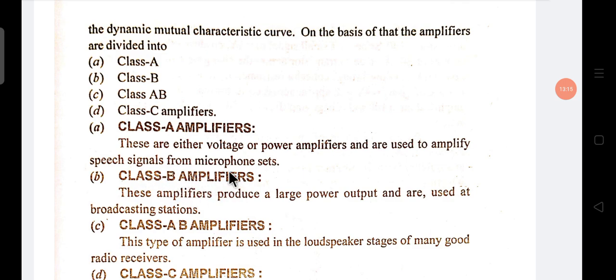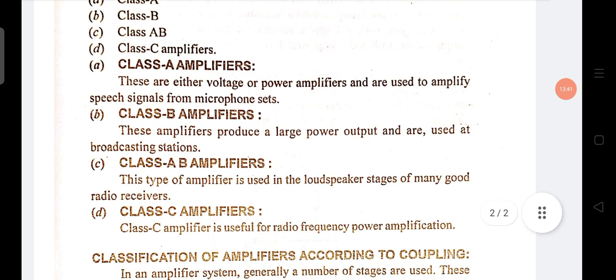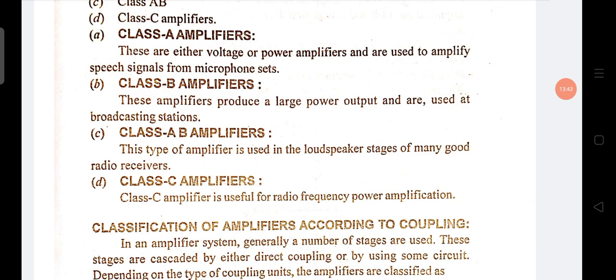Now the class AB amplifier is used in the loudspeaker stage of many good radio stations. Class C amplifier is useful for radio frequency power amplification.